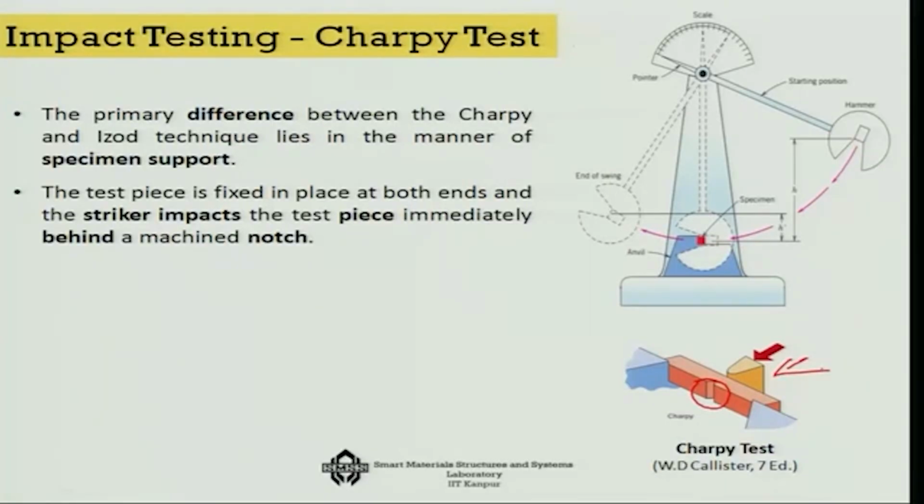Also, in a Charpy test you support the material at two places instead of one. But both are very good tests which measure how much energy a material can absorb, which means how tough the material is, and that means the impact strength of the material.